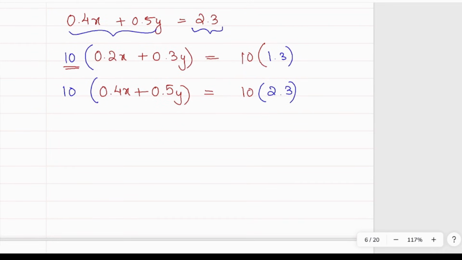So what will happen here? This will convert to this one. What is the answer then? 2x plus 3y equal to 13, right? Next comes 4x plus 5y equal to 23, right?